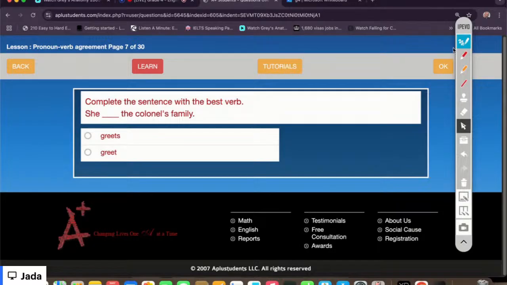She dash the colony's family, greet or greets, first or second.